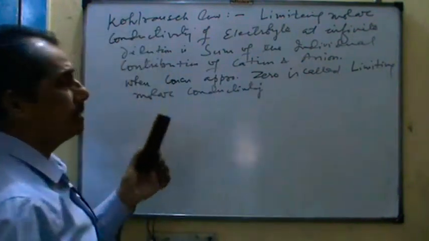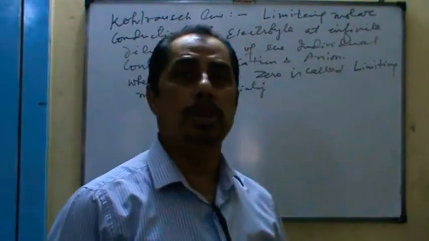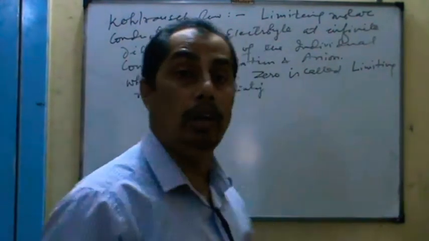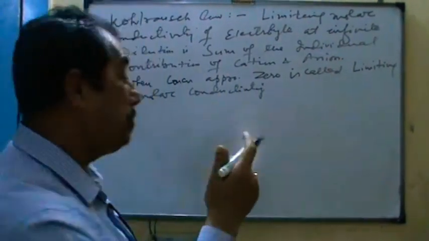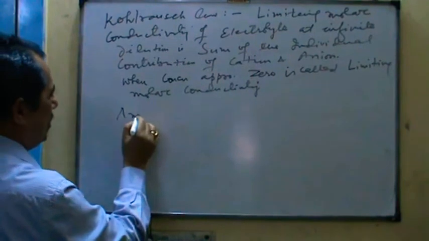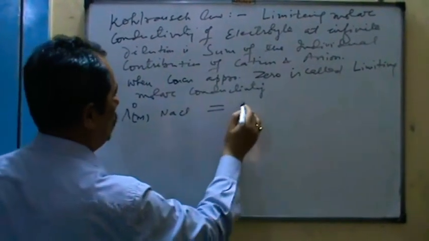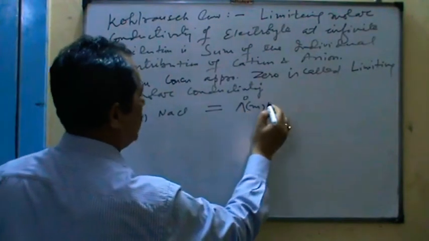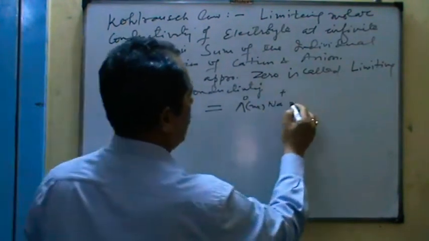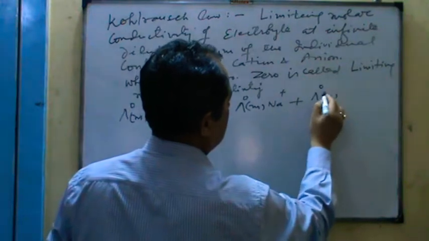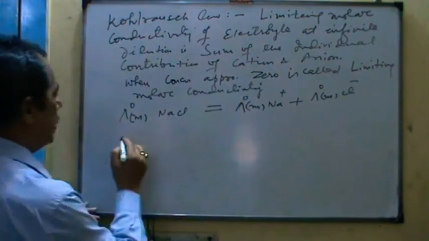How can we express the electrolytic solution according to the Kohlrausch law of independent migration of ions? Let me take limiting molar conductivity at infinite dilution of NaCl equal to limiting molar conductivity of Na positive plus limiting molar conductivity of Cl negative.